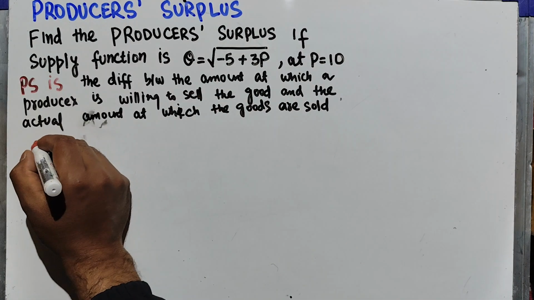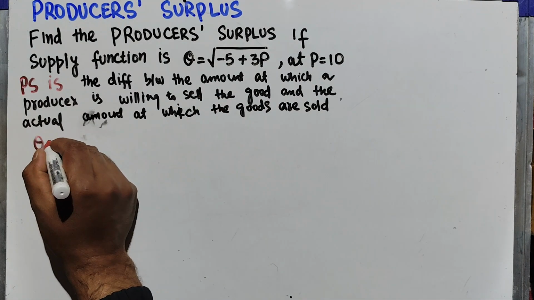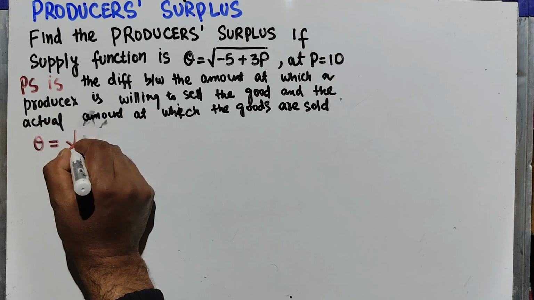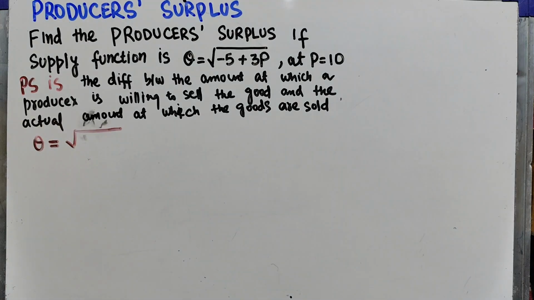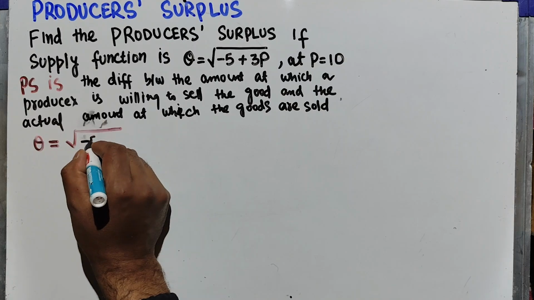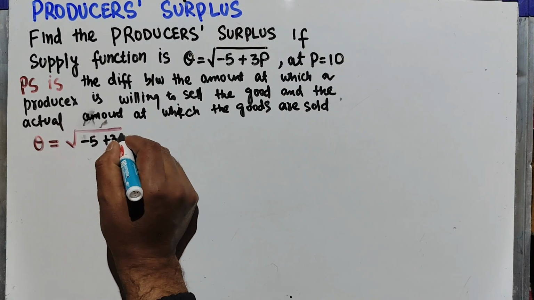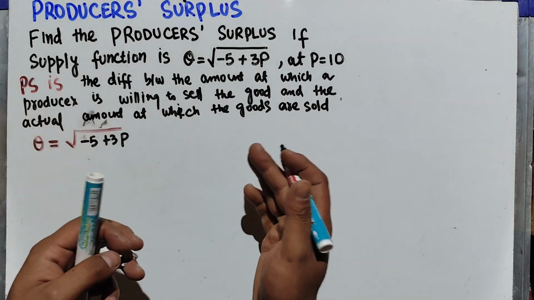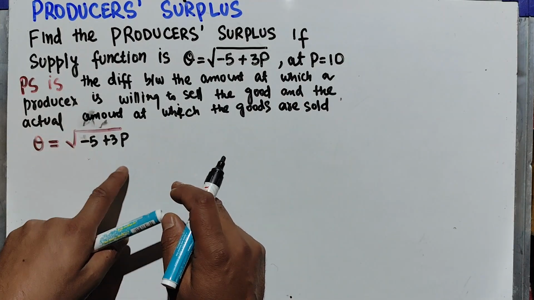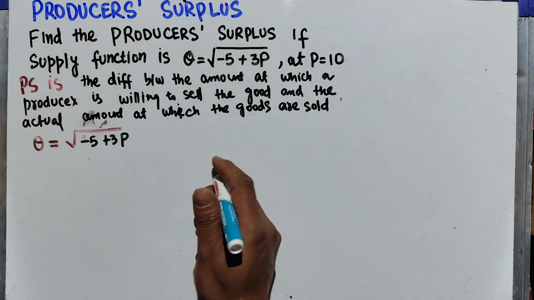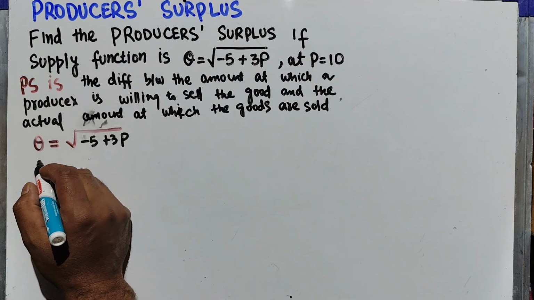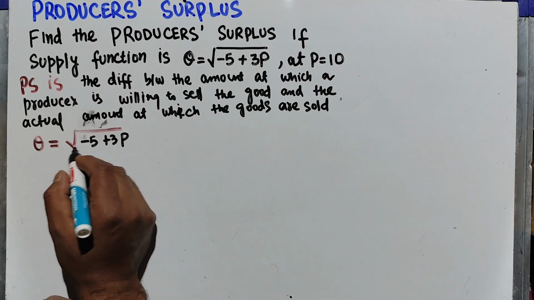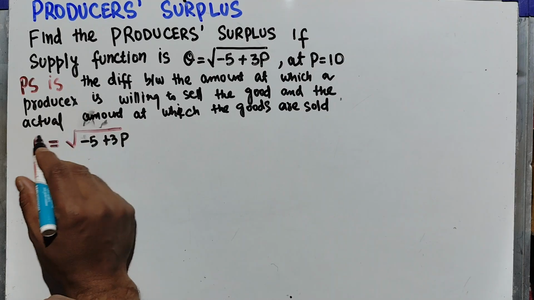So what are we being given? We are being given the supply function Q equal to under root minus 5 plus 3P. First, we need to solve it for the inverse supply function. That means let us solve it for P. Transposing the under root, it becomes a square.